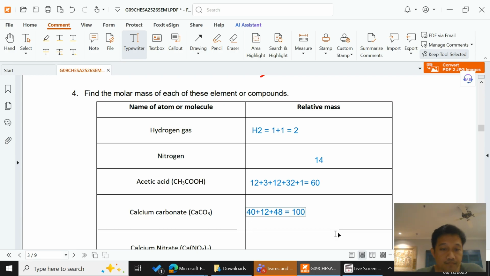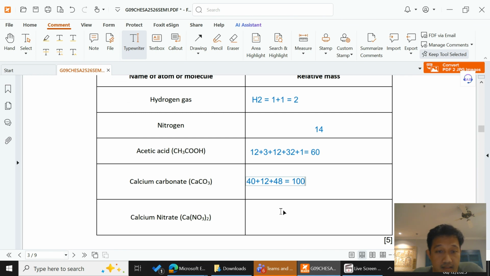Last, calcium nitrate. Ca is 40 plus 2 times N. Nitrogen is, what was nitrogen again? 14 plus O3.